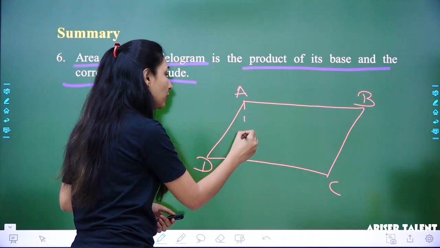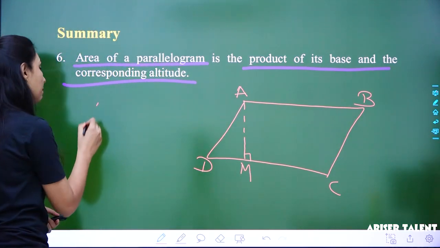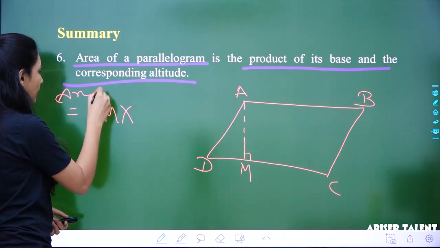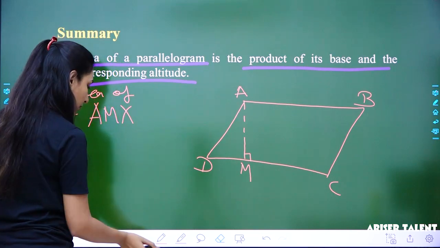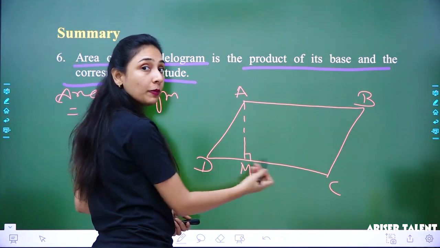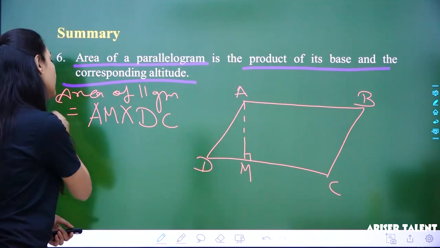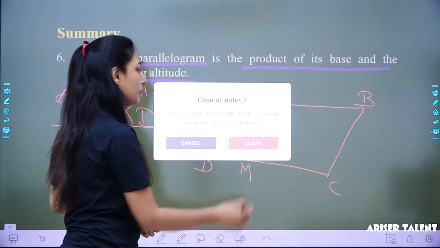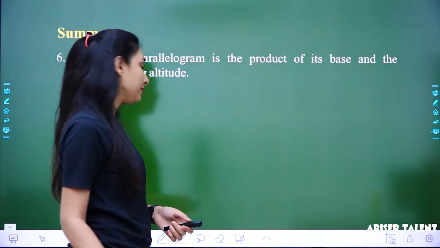If we draw a perpendicular here and name it AM, then this perpendicular and the base of the perpendicular, in this case DC, will give the area of the parallelogram. You can take any side as a base and draw the perpendicular.